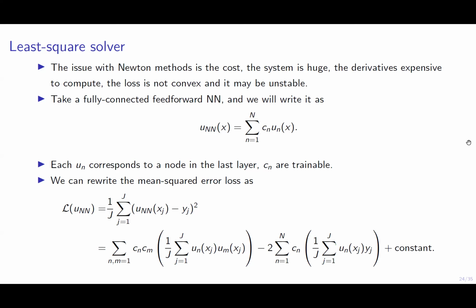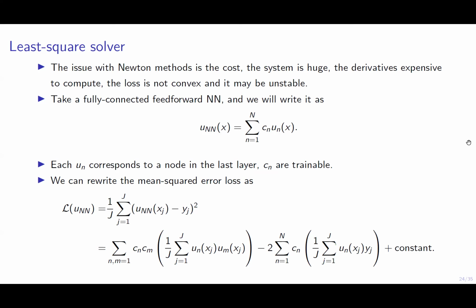In these cases, if we have our network decomposed in this form, where c_n are some of our trainable parameters that have very special roles, we can take our loss function. Just to make things concrete, think about a simple interpolation problem. Our loss function is just the sum of the errors: these are our inputs, these are our outputs, squared. This is the thing we want to minimize.